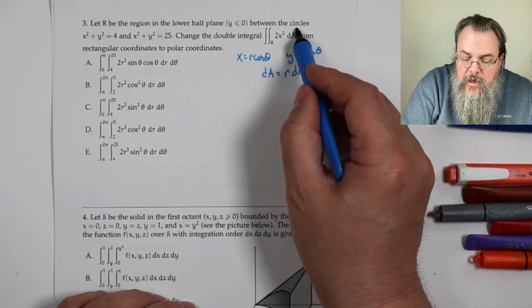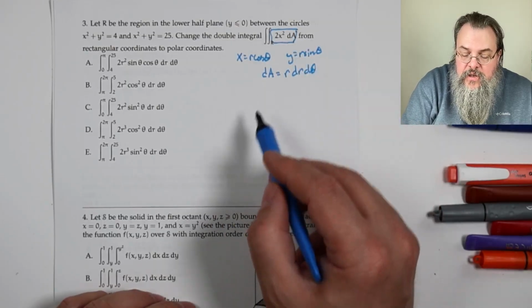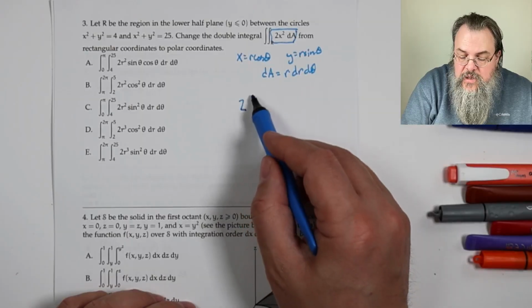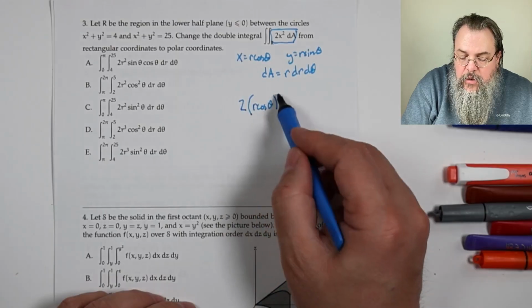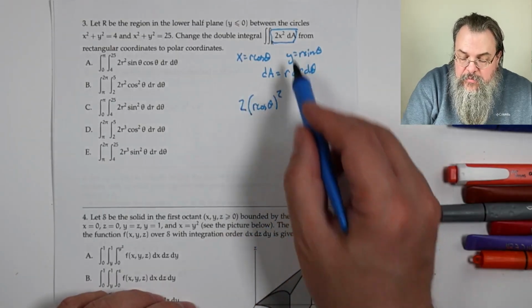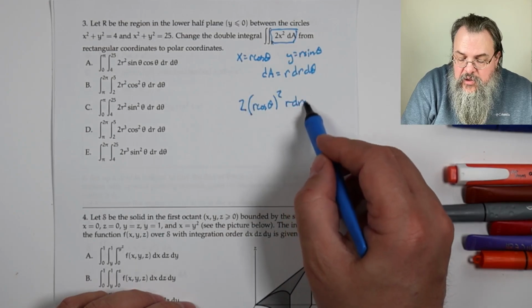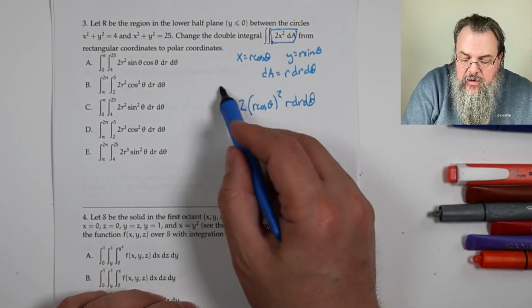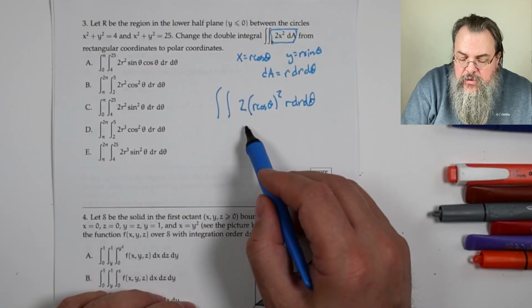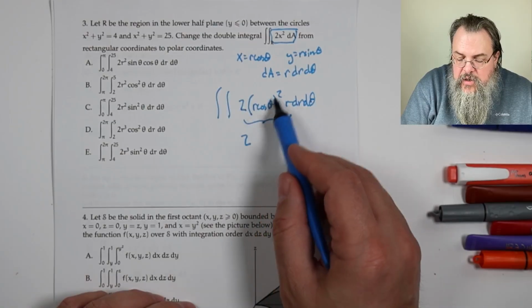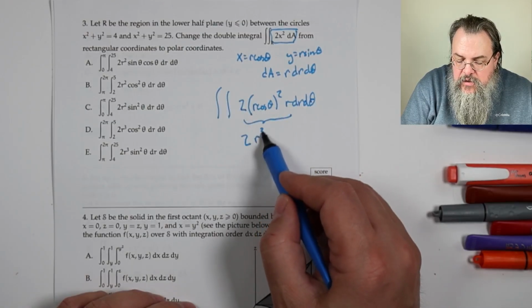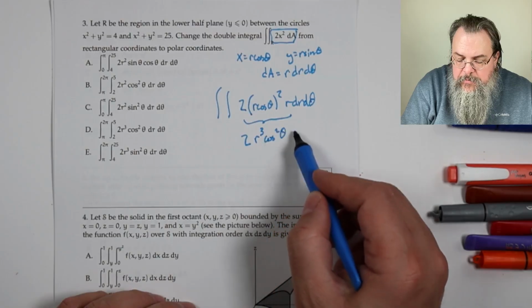So let's update this portion. So we would have 2 times the x, r cosine theta quantity squared, times r dr d theta. Okay, and we have our bounds. So in particular, this should be 2 r squared times r makes an r cubed cosine squared theta.